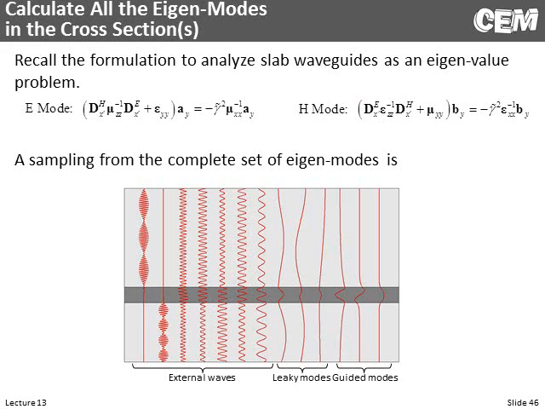So we go back to those codes and we analyze those waveguides and we calculate all of the possible modes that can exist in those windows. And we see a whole bunch of them. So a lot of them look crazy like this. What this really is telling you is that there's waves external to the guide. These are plane waves that are just sort of passing through and not really affected too much by the guide.